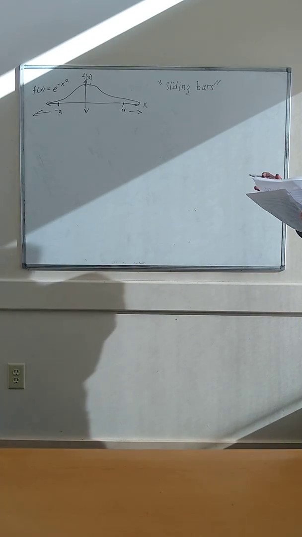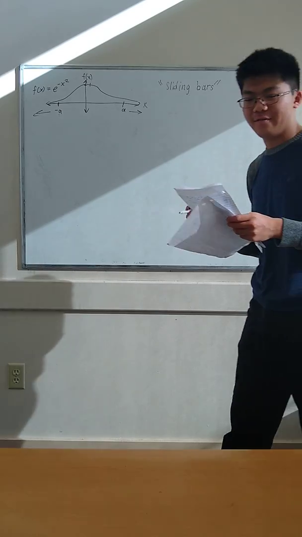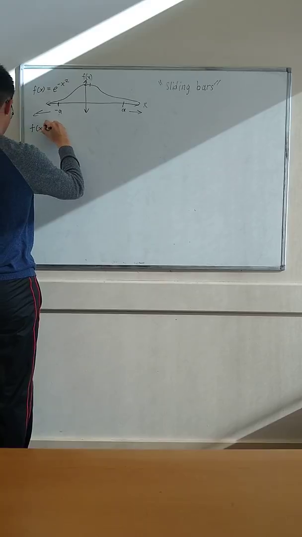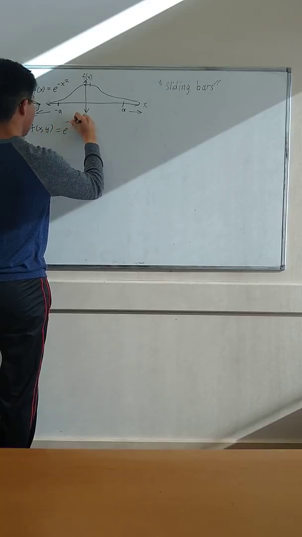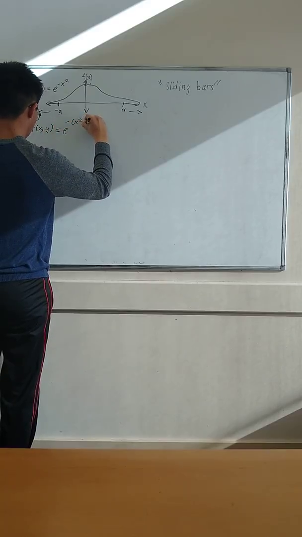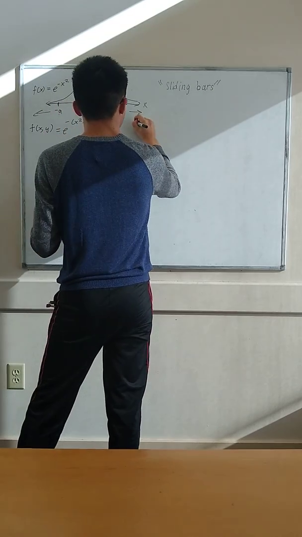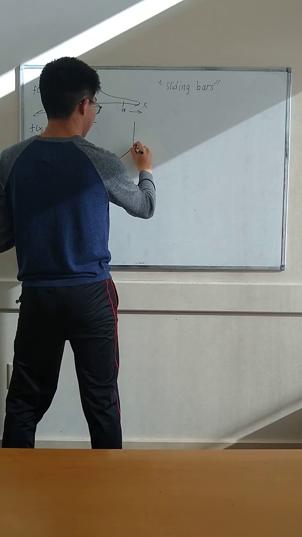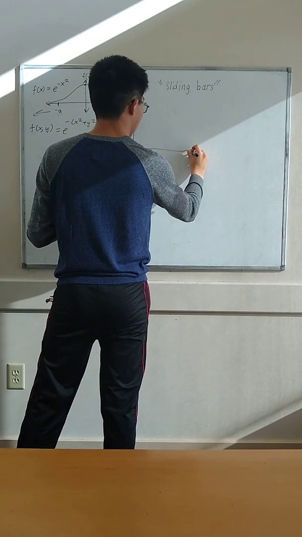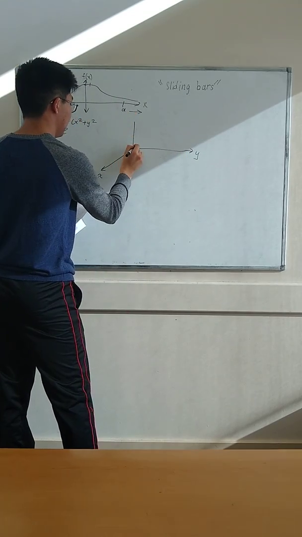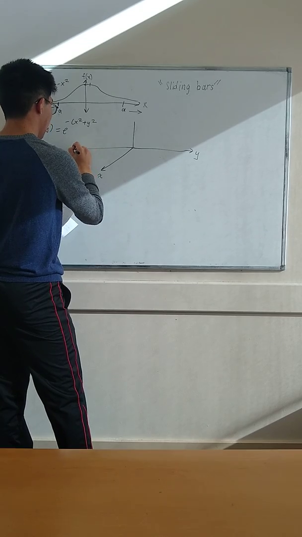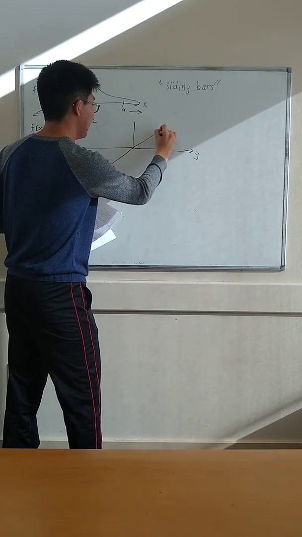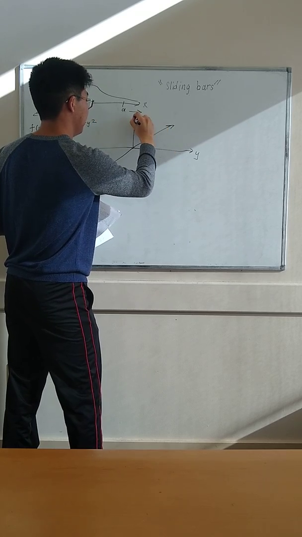Now let's talk about the function f of x, y. This is our x-axis. This is our y-axis. This is the y-axis in the negative direction, and this is the x-axis in the negative direction.